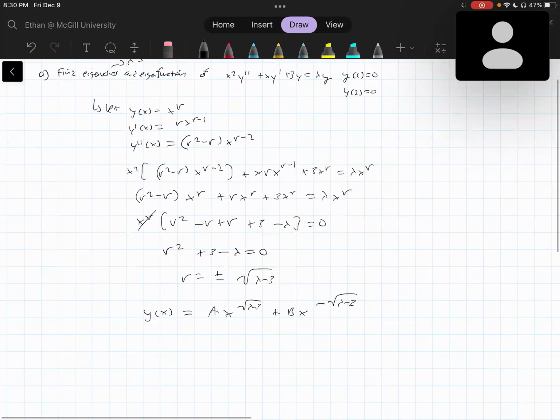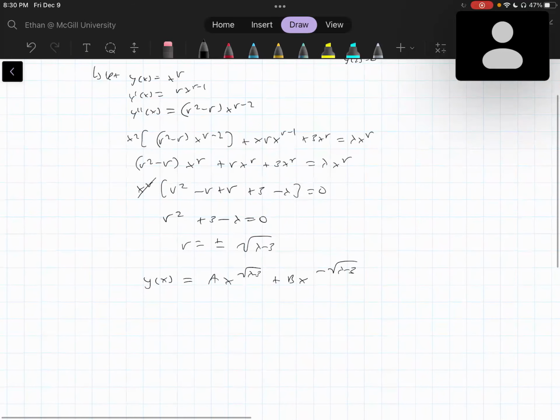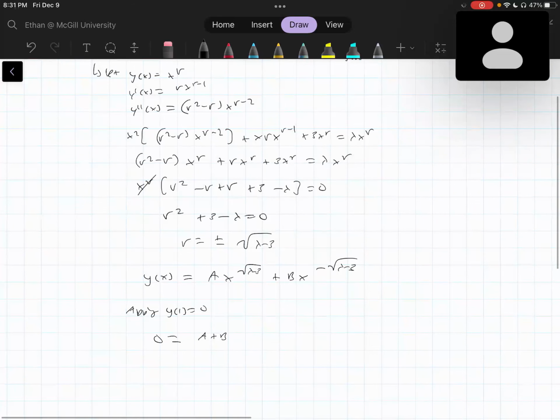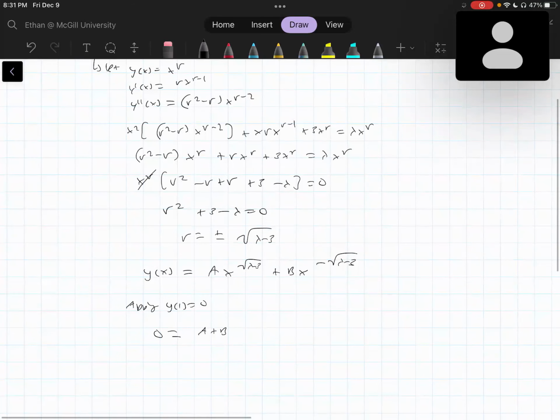Now we're going to apply our first condition, which is that y(1) is equal to 0. 0 is going to be equal to a plus b, because 1 to the power of anything is just 1. So that's going to say that a is equal to negative b.